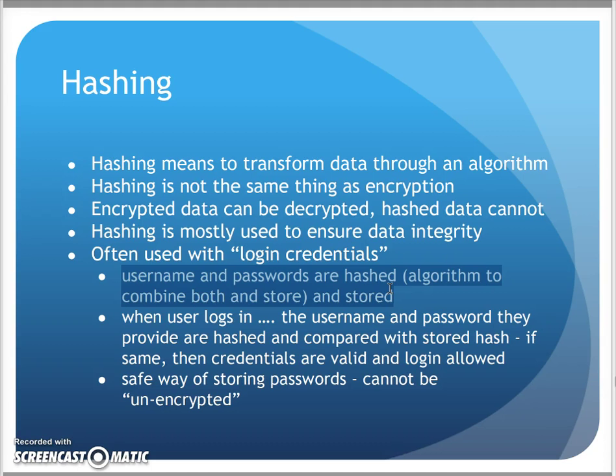So what happens is, on my server, if you will, I have all these usernames, Doug Brown and a password. That database, that file of usernames and passwords, is actually hashed. What they do is combine the username and password through an algorithm and hash them. So it's almost like super encrypted, and there is no encryption key for it. I've locked it and I have no key to unlock it.